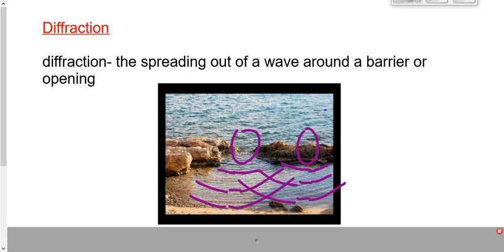As the waves spread out from opening number 1 and the waves spread out from opening number 2, wave number 1 overlaps with wave number 2. When that happens, we get a phenomenon called interference, right? Which is another property of waves that is exhibited by EMR.